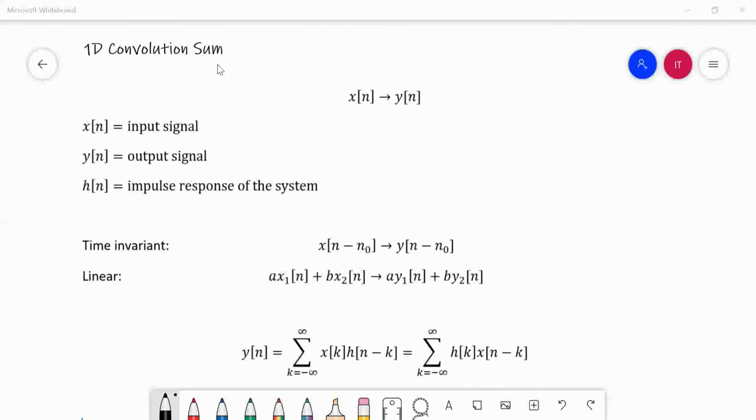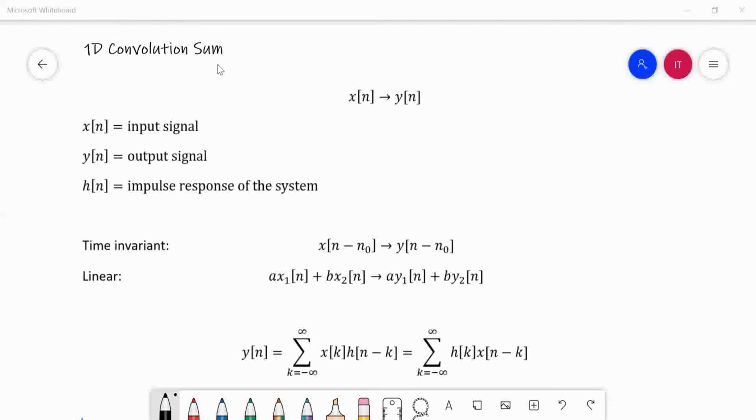If a system is linear and time invariant, we often call it an LTI system. With this type of system, we can do convolution, which means we can know the output of the system when we know the input and the impulse response of the system.